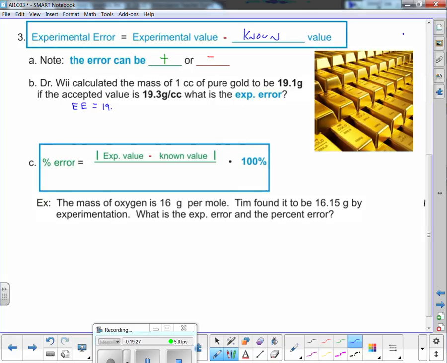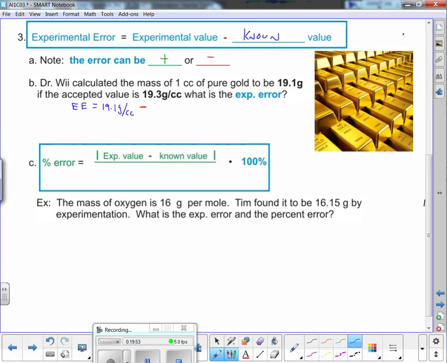And how many cc's did he have? 1, right? So he got 19.1 grams per cc. It's the only tricky part to the whole problem. Now the formula says minus the known value. And the problem told us the known value.